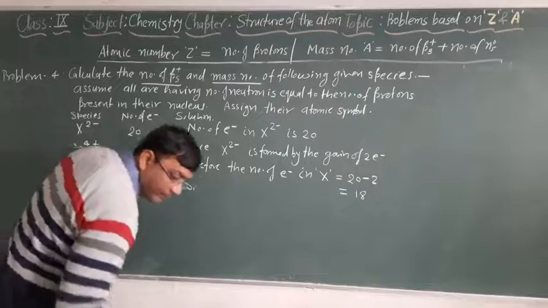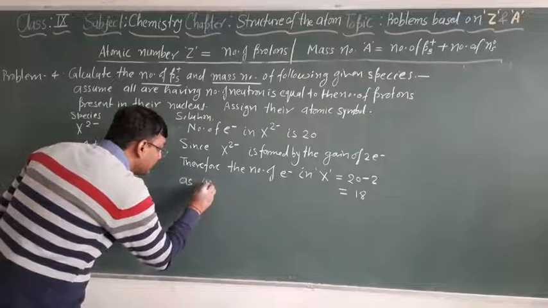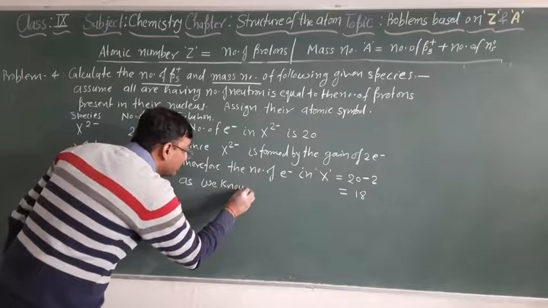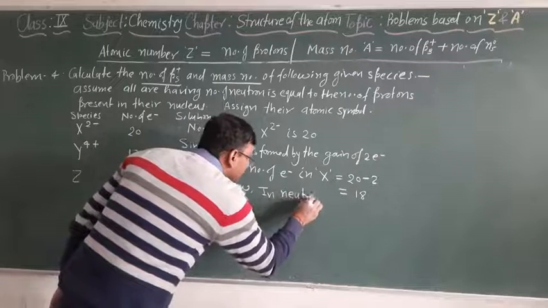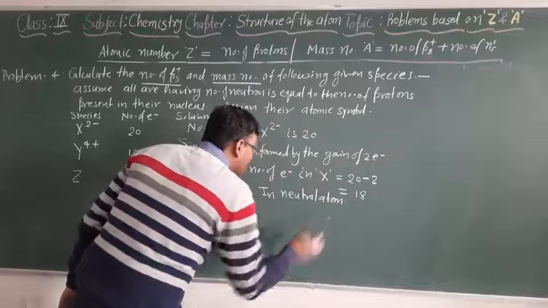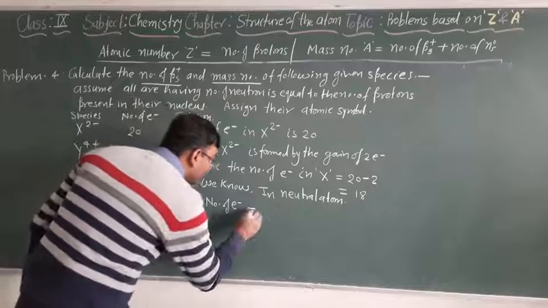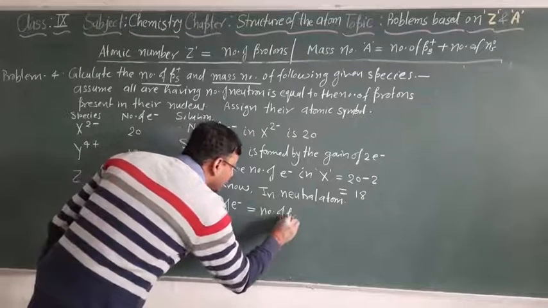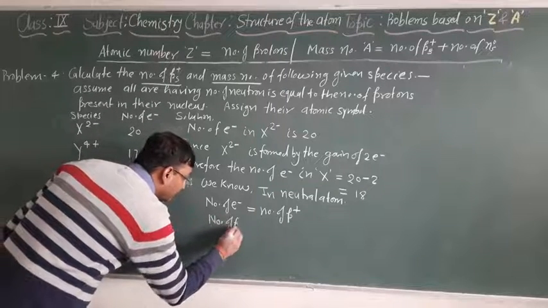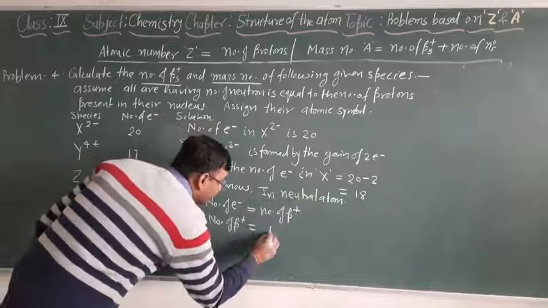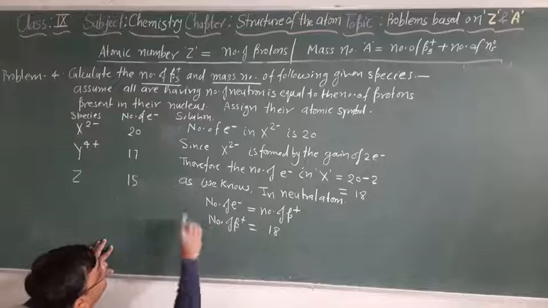See, as we know, in a neutral atom number of electrons is equal to number of protons. So number of protons is equal to 18. Now number of protons we have calculated.